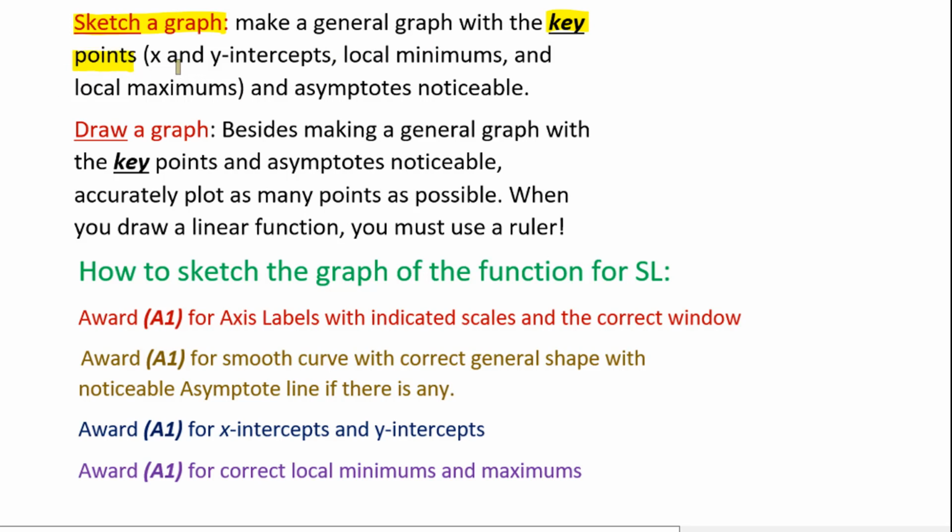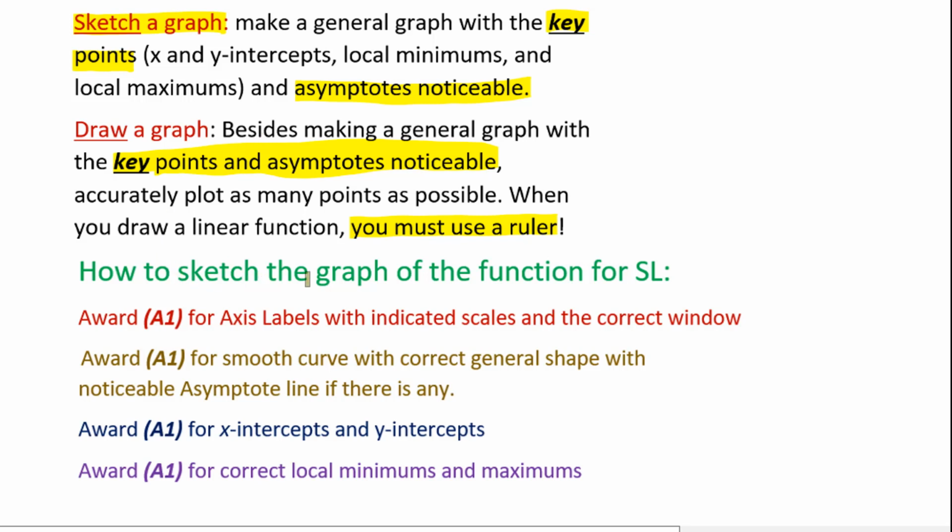Key points means x and y intercepts, local minimums and local maximums, and noticeable asymptotes. To draw a graph, besides making a general graph with the key points and the asymptotes noticeable, accurately plot as many points as possible. When you draw a linear function, you must use a ruler. You can sketch a linear function without a ruler.